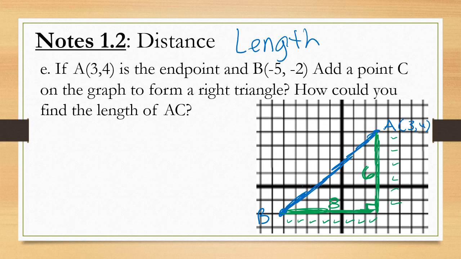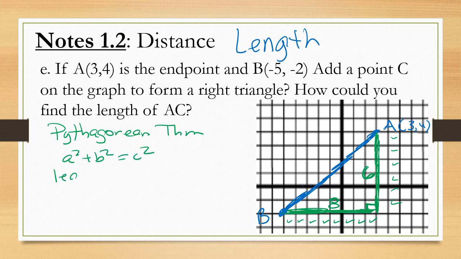We could do the Pythagorean theorem. You learned it in junior high as a squared plus b squared equals c squared. I also like to think of it as leg squared plus leg squared equals your hypotenuse squared.